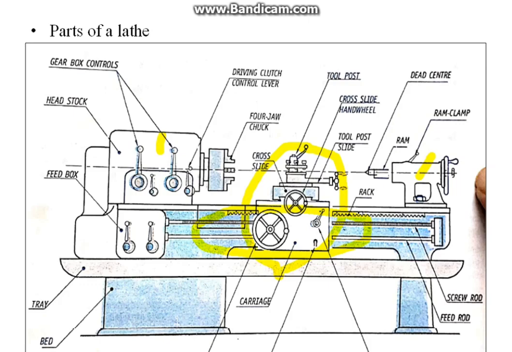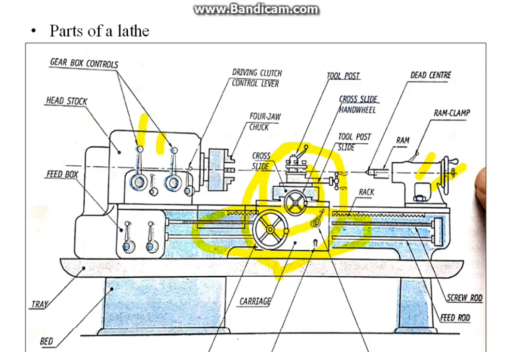Headstock and tailstock are located at the left side and right end of the bed. The carriage rests over the bed and slides on it. Accuracy of the machining depends on the accuracy of the bed.